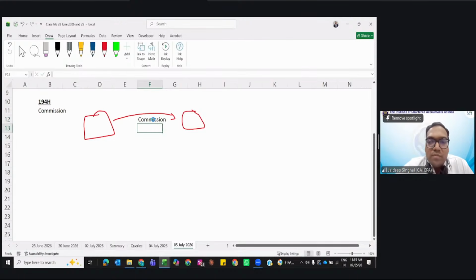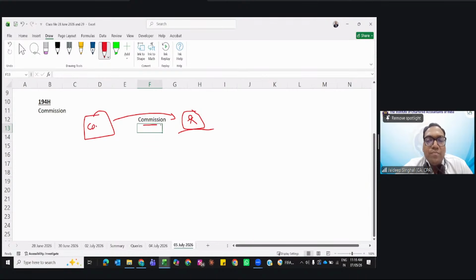Let's suppose this is a company, and this is an individual, who is the agent. This individual is helping the company to procure materials, or do the sales, whether he is the purchase agent, sales agent, or something. He will get the commission for this deal.